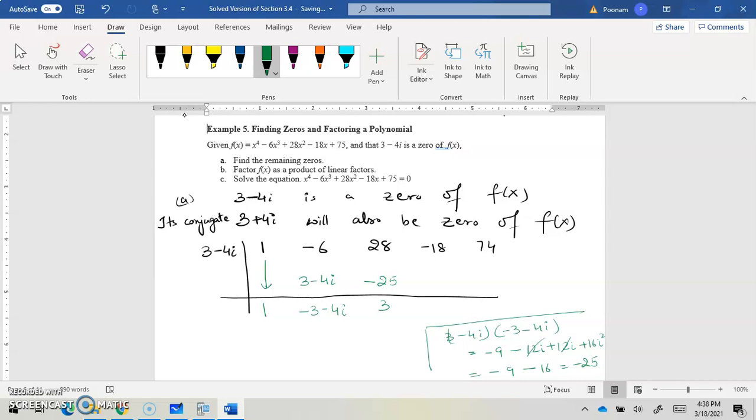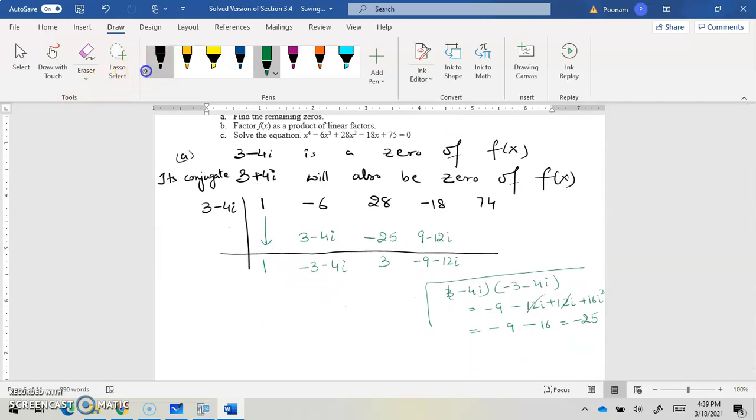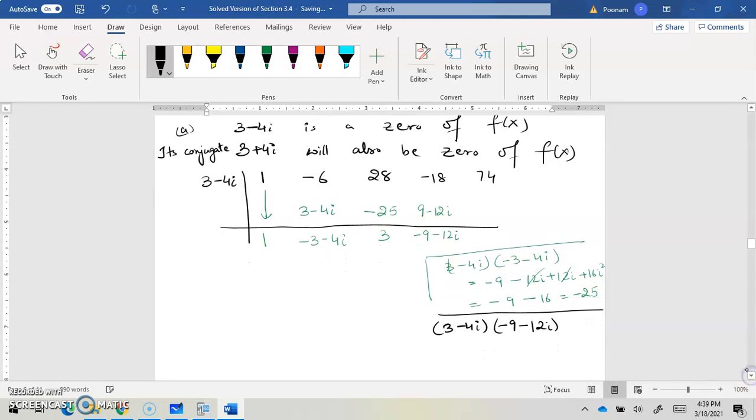Multiply 3 minus 4 iota by 3 would be 9 minus 12 iota. Adding, we get negative 9 minus 12 iota. Again, we need to practice how to multiply 3 minus 4 iota with negative 9 minus 12 iota. We can distribute.